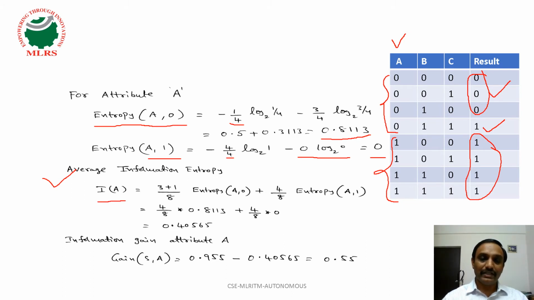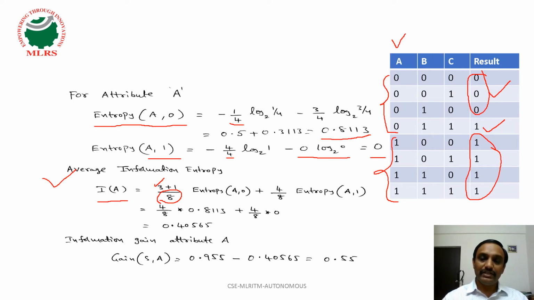Here I represent it as I of A. For the first part, the A value 0 part, there are 3 negative and 1 positive examples, so 4, and in the denominator we take the total number of examples in the table, which is 8. So 4 by 8 times entropy of A comma 0, plus for value 1, how many examples are there? 4 examples. 4 by 8 times entropy of A comma 1.